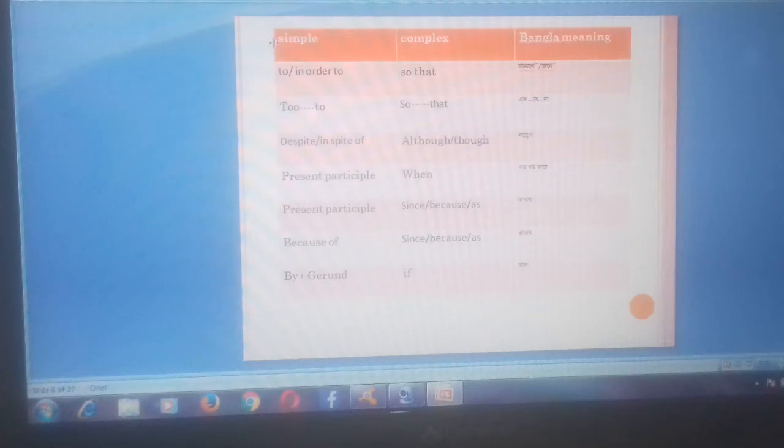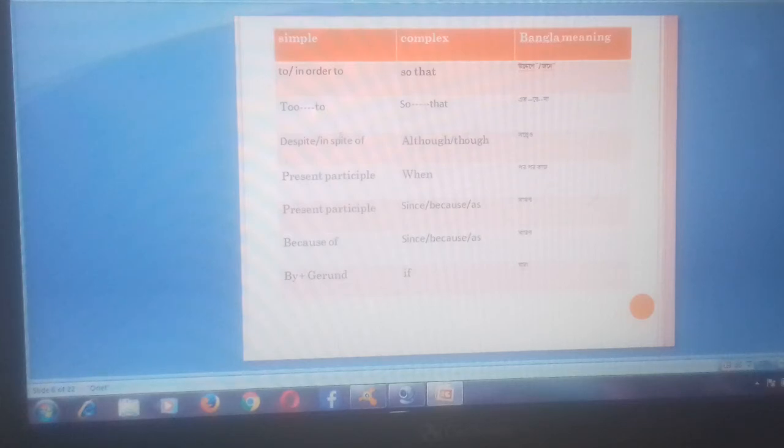In simple, the preposition despite or in spite of, and in complex, we will use though or although conjunction. And Bangla meaning is সত্ত্বেও.